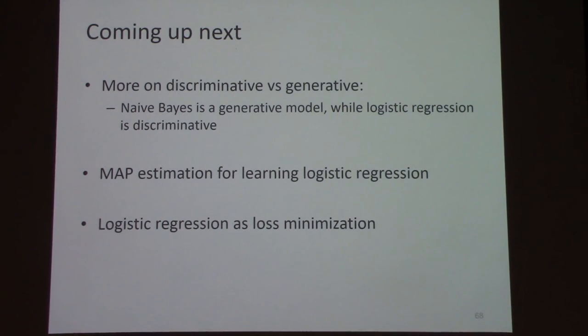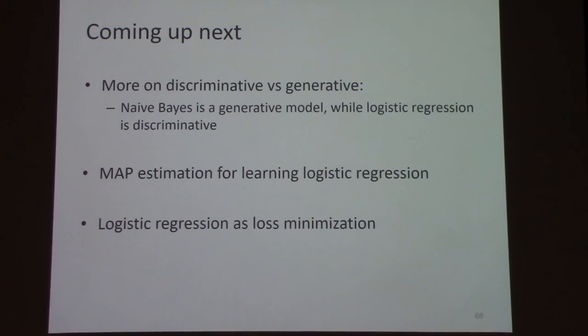It has the same decision rule, except logistic regression is a discriminative variant of the Naive Bayes classifier. But what we'll see next is how to do maximum a posteriori learning for logistic regression. And in a very nice way to round up this discussion, it turns out logistic regression can be viewed without a probabilistic lens at all.